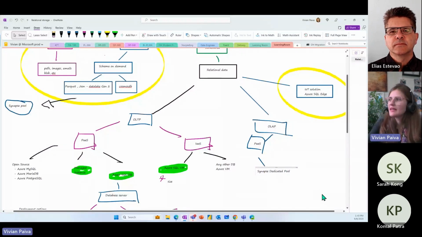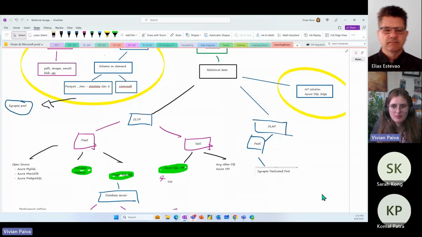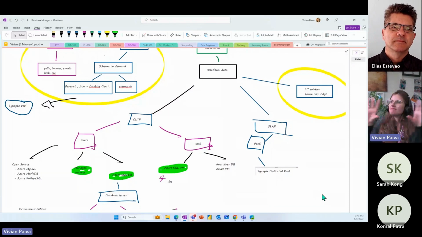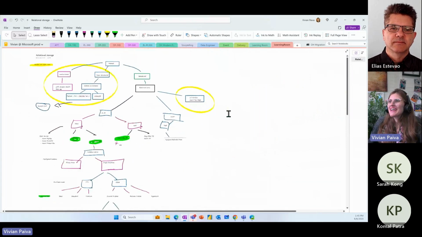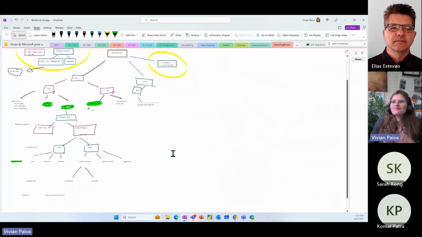That would be the translation for traditional data warehouse. And I think with that, I gave you our overview of what we have for relational databases.